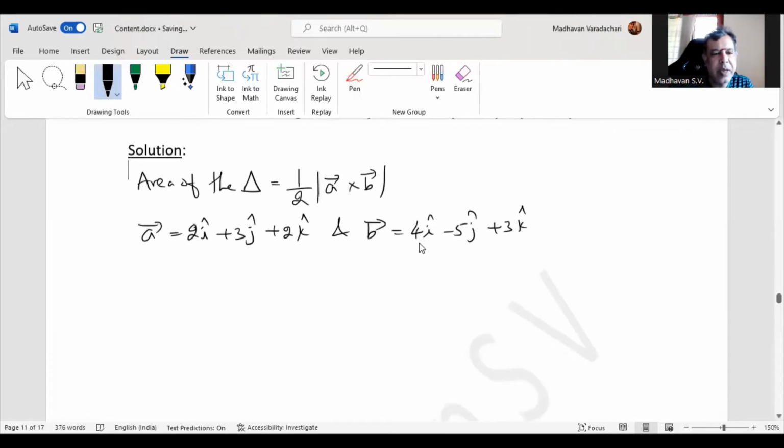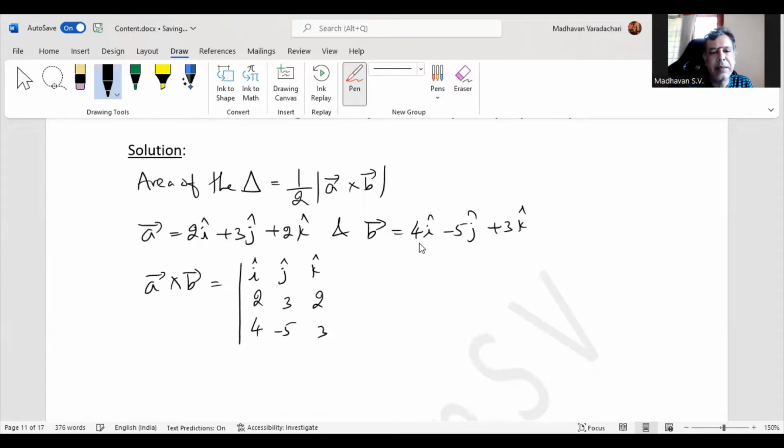Now A cross B can be found as a determinant. The first row will be only I cap, J cap and K cap. The second row will have the coefficients of the first vector, which are 2, 3 and 2. The third row will have the coefficients of the second vector, which are 4, -5 and 3.